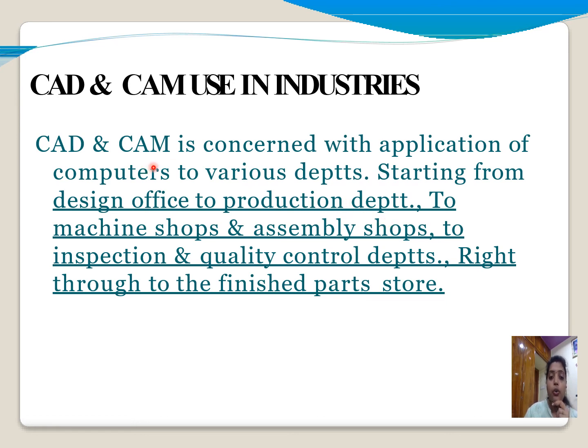It means using CAD and CAM with computer applications in various departments, starting from the design office to production, to machine shops and assembly shops, to inspection and quality control departments. As I already told you, these are the different stages in every industry, right through to the finished part store. Now let us see how we are using all these.